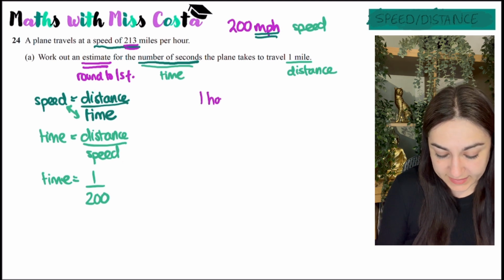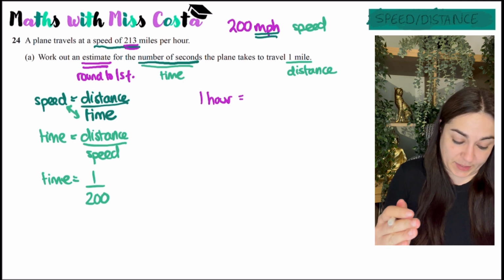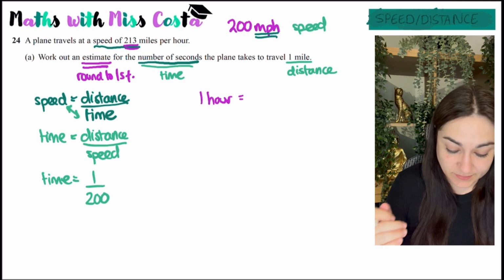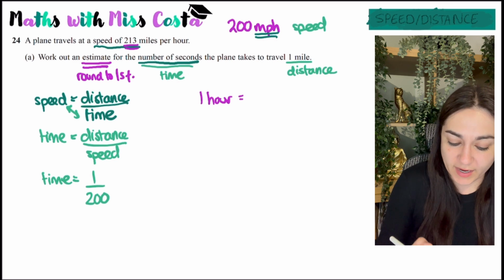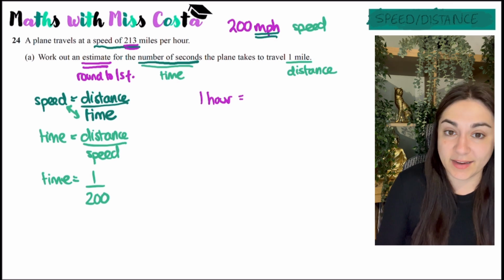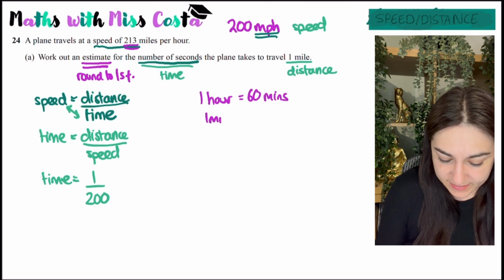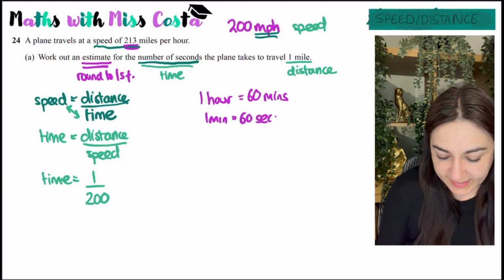First of all, it's given to me as a fraction of an hour, so it's 1/200th of an hour, but it wants me to work out the estimate in terms of seconds. So I need to think of how many seconds there are in an hour. Well, I know that in an hour there are 60 minutes, and in a minute there are 60 seconds.